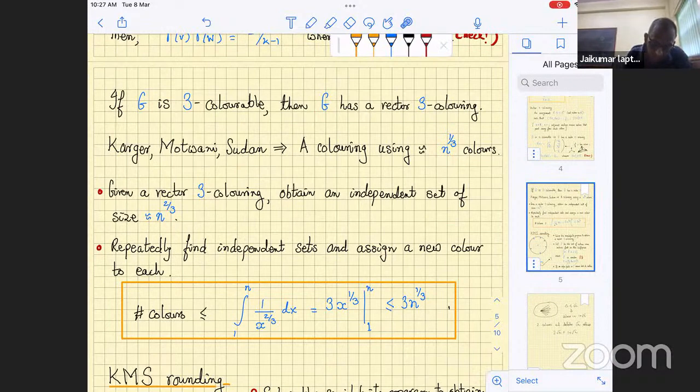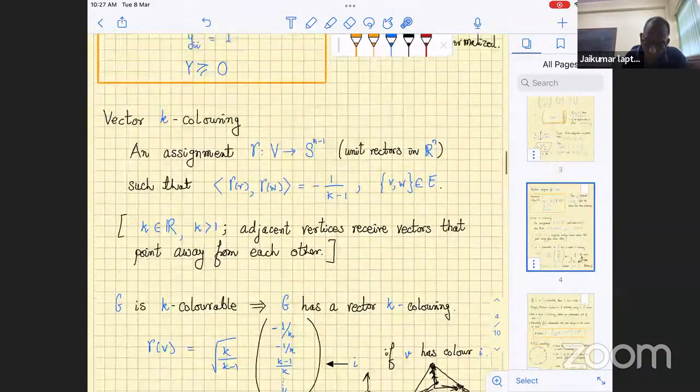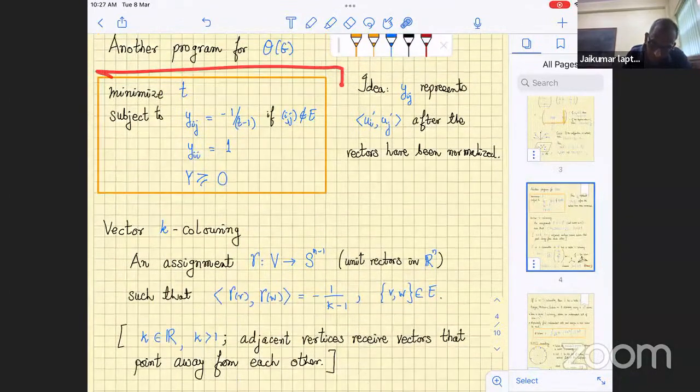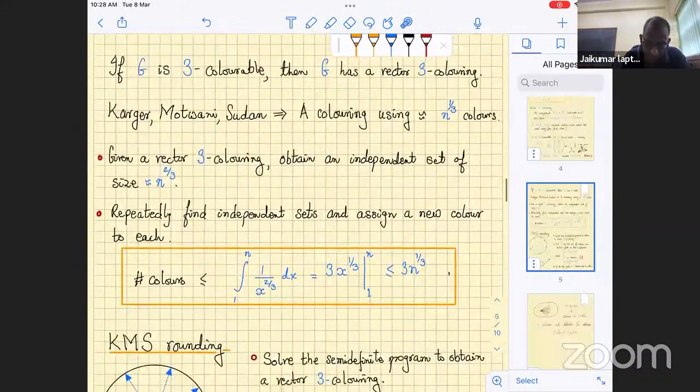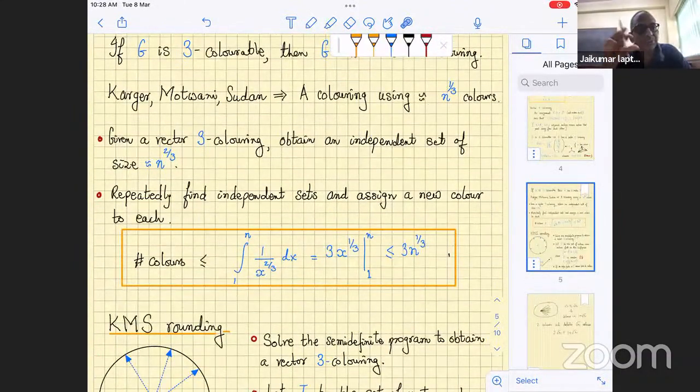So we have been told that the graph is 3 colorable. Then we can find a 3 coloring for it. How? We basically solve this program, which is a semi-definite program. And we obtain vectors associated with all the vertices, with certain properties, that adjacent vertices are pointing in the opposite direction.